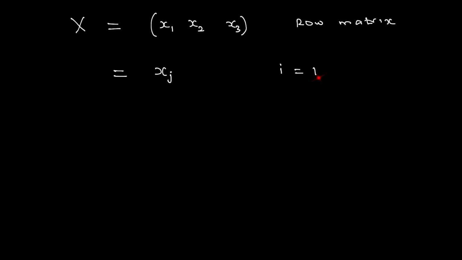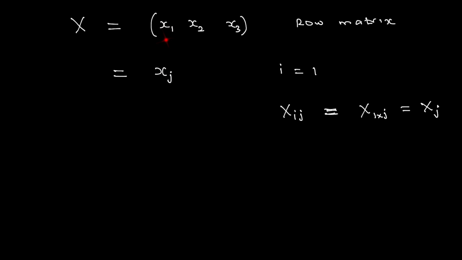For matrix X, we can also write it as a row matrix, where the row matrix can be represented using xj because i is equal to 1 and we have xij. This should be lowercase, and that xij will be equal to x1j, and that becomes xj. So the row matrix here is xj.